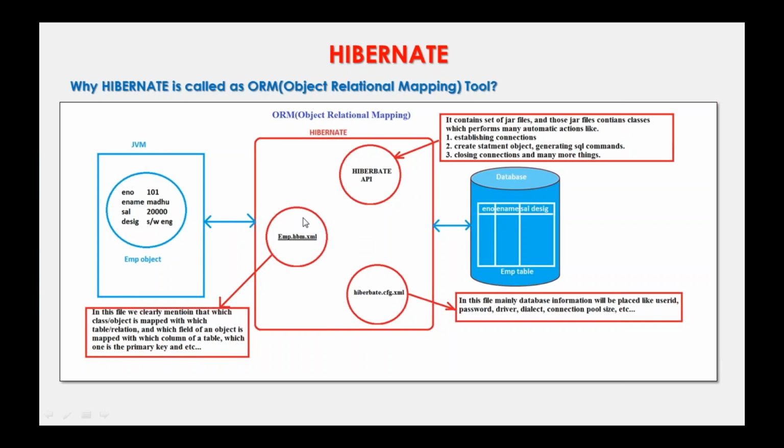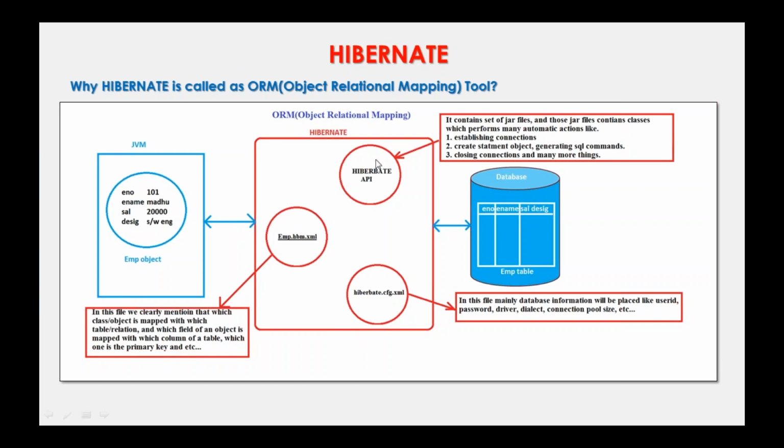So Codd said that a table is also called a relation. Now see, in the mapping file, what am I mapping? I am mapping the object with a relation, or we can say a table. That's why Hibernate is called an object relational mapping tool. Do you understand? Object, relation means tables, mapping tool.